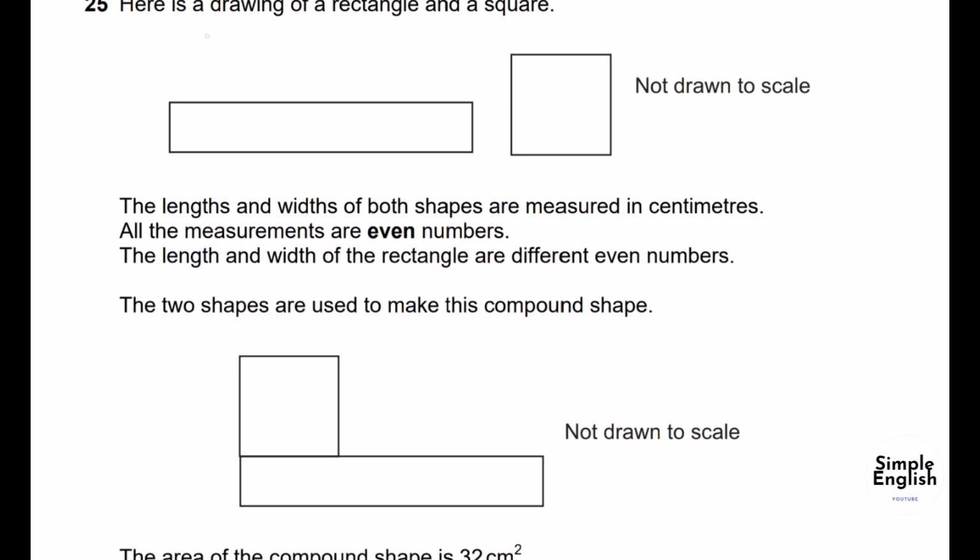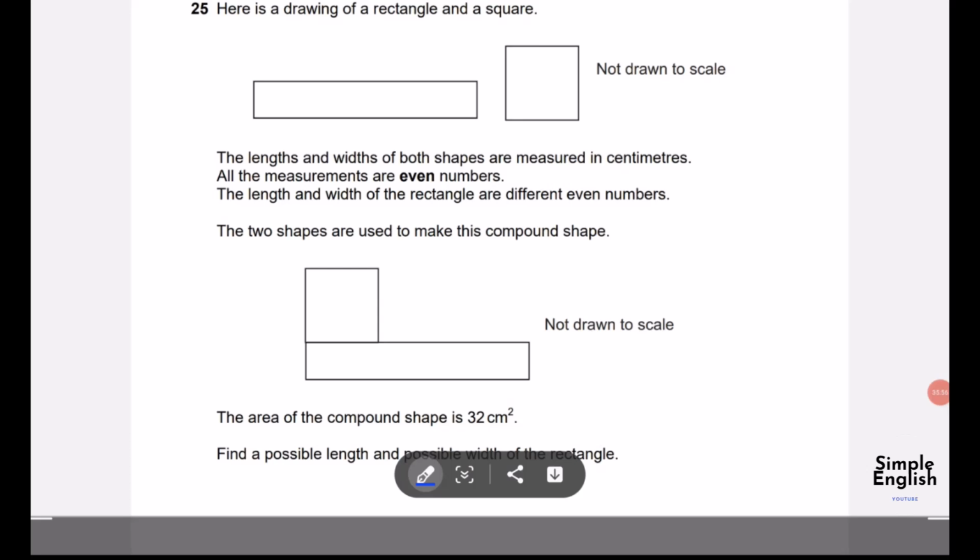Okay, 25. Look at 25. He is drawing a rectangle and a square, not drawn to scale, remember that. The length and the width of both shapes are measured in centimeters. All the measurements are even numbers. Remember even numbers, so we have even numbers here.